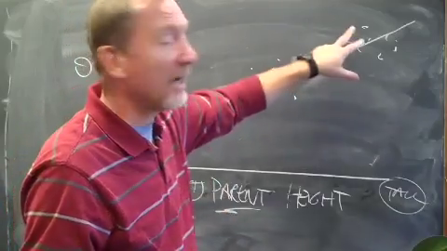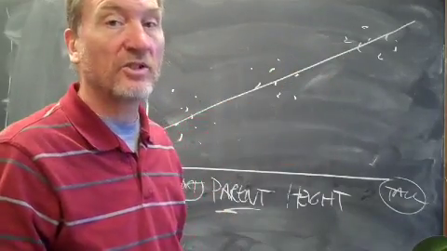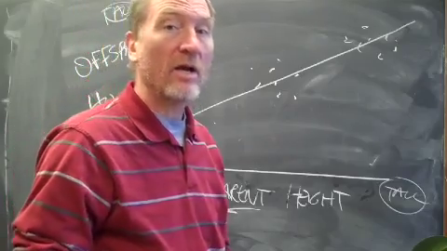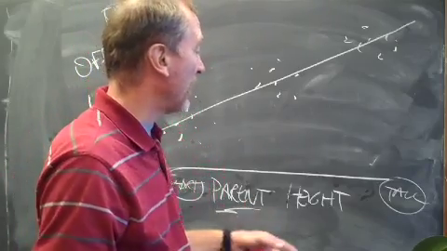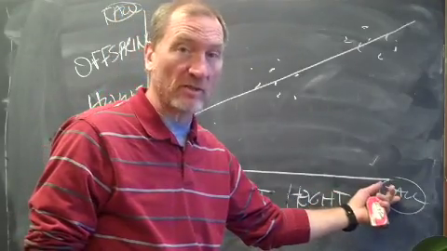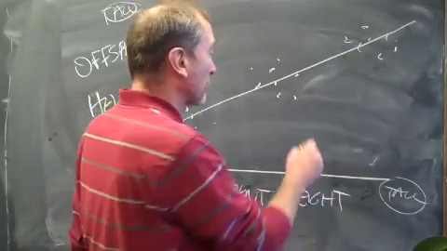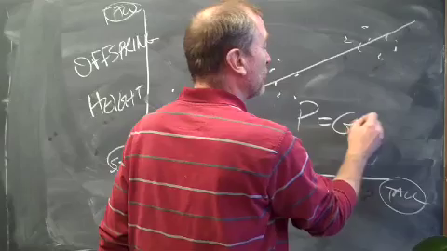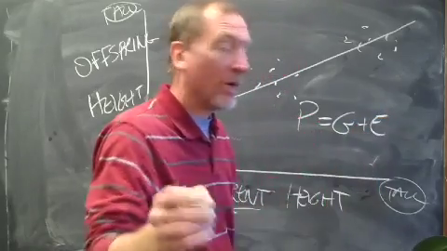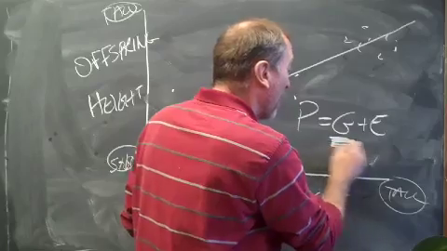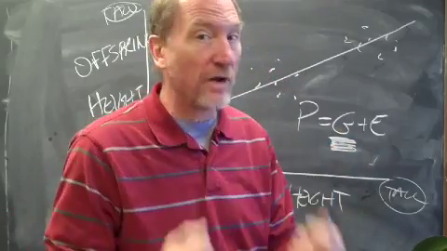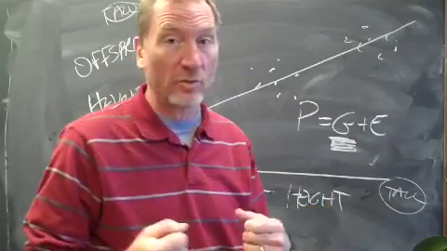When you can draw a line like this, it means that you have a much higher heritability. It means that if you select tall parents, then your offspring are likely to be tall. And again, going back to phenotype equals genotype plus environment, what it means is that the genotypic influence is very strong and the environment is rather small.